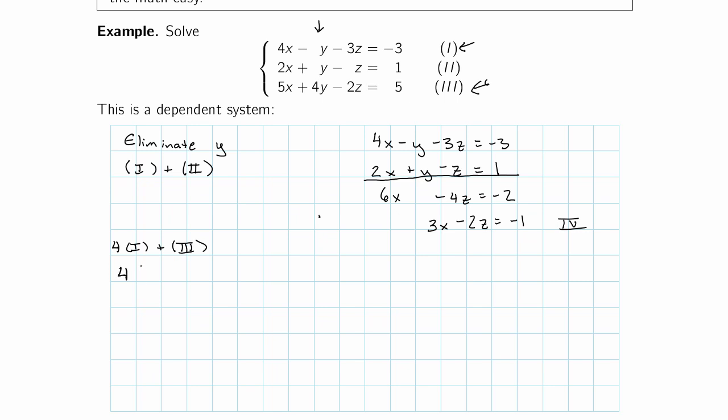I'm going to multiply 4 times equation 1. Multiplying that out, I'll get 16x minus 4y minus 12z equals negative 12. Then I'll write equation 3 underneath that. 5x plus 4y minus 2z equals 5.